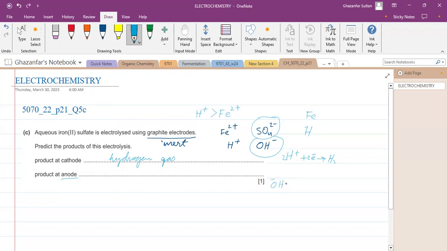So the hydroxide ions are oxidized to produce water, oxygen gas, and lose 4 electrons. So for 4 electrons, there should be four hydroxide ions, so it should be 2 water. Although the equation was not required, we just have to answer what the product at the anode is. So preferably the hydroxide ion is oxidized at the anode, so the product would be oxygen gas.